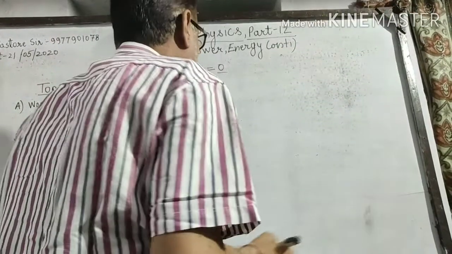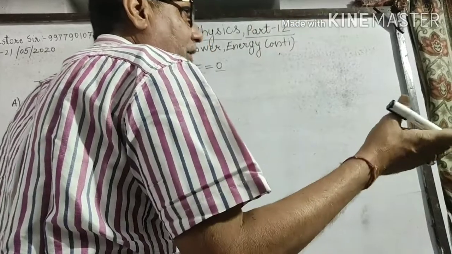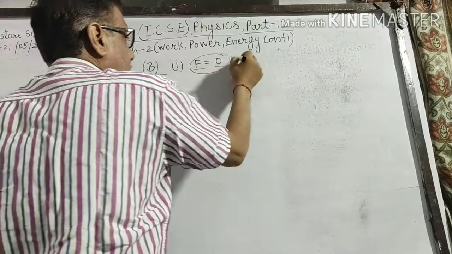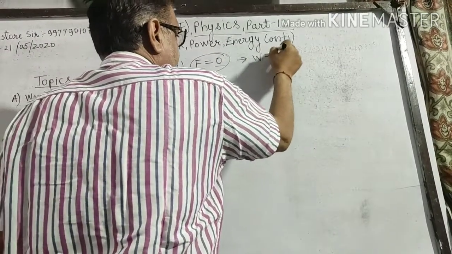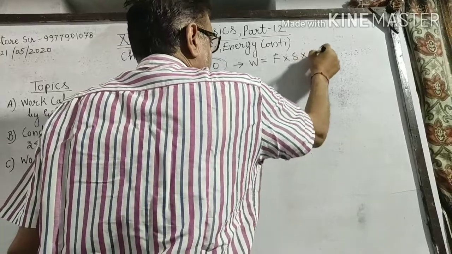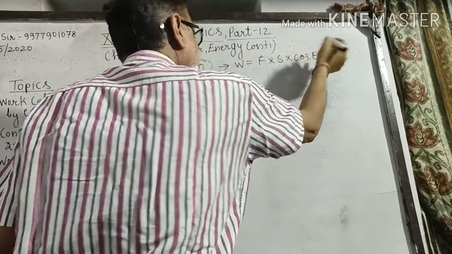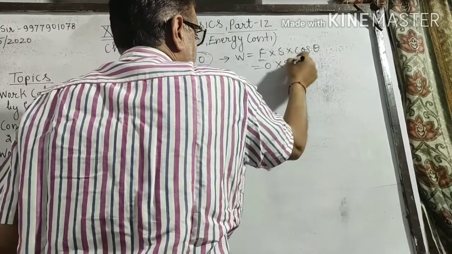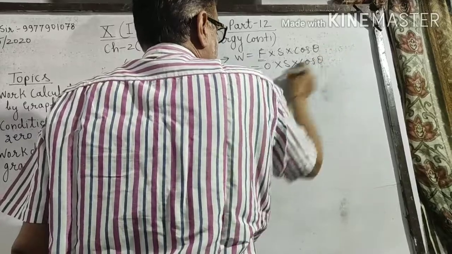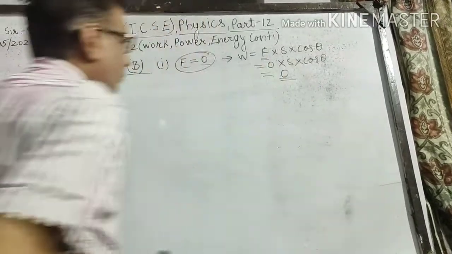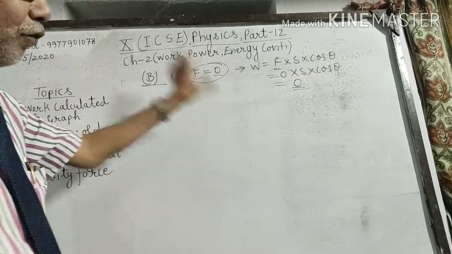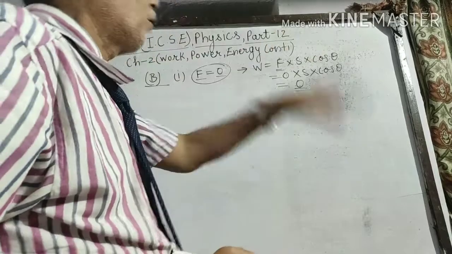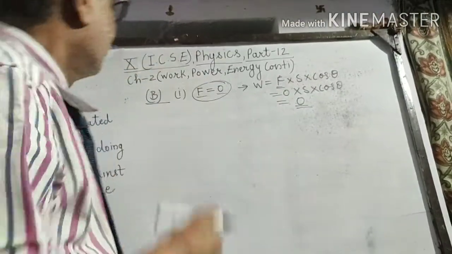Displacement can be there or displacement can be zero, but the force is zero. Then you just see W is equal to F into S into cos theta. Theta can be of any value. Since F is zero, the total work comes zero. In this case the force is always zero, but the displacement may or may not occur. But this is the first condition.